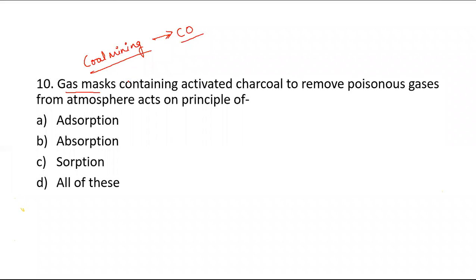If the workers inhale this in a larger amount, then they may die, because carboxyhemoglobin will be formed and it will be carried by the hemoglobin, by the blood, throughout the body. Then the person may die due to deoxygenated blood.